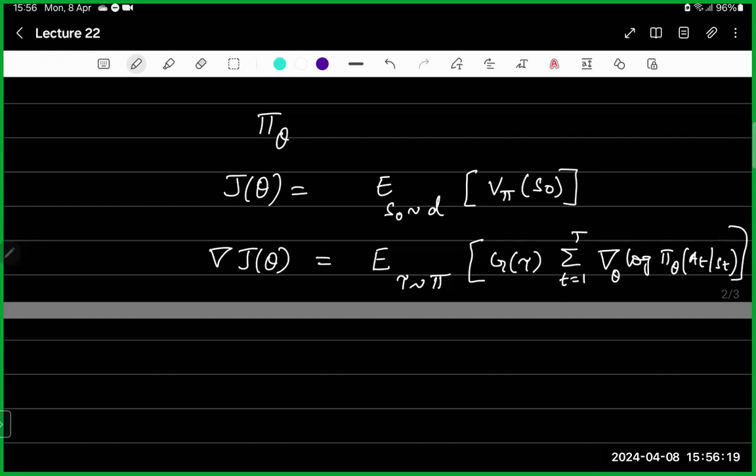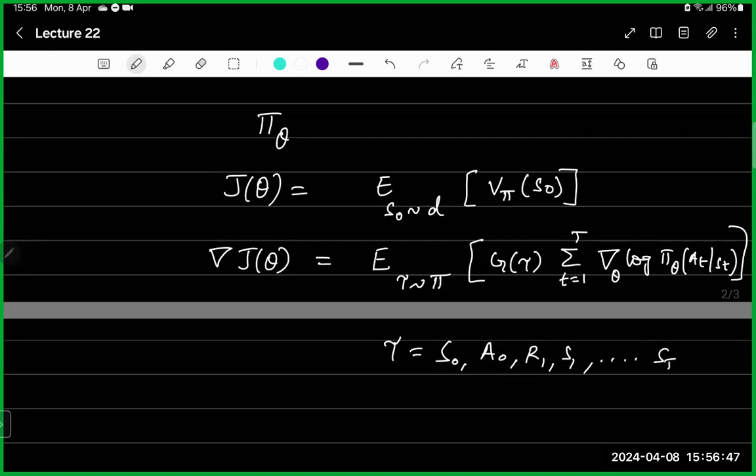Then what else did we do after this? This is the first thing we derived, where G of tau is the total return that you get from the starting state. Tau is the path: S naught, A naught, R1, S1, and so on, up to S_T. So tau is a trajectory which starts from state S naught.